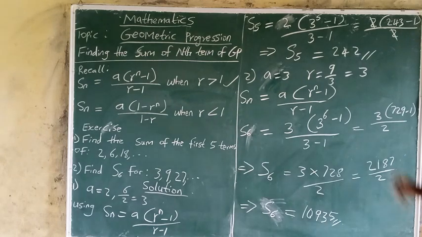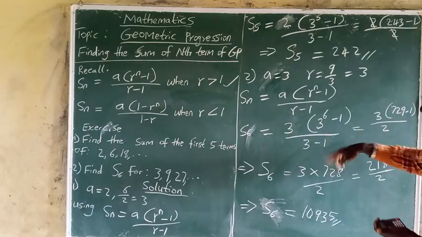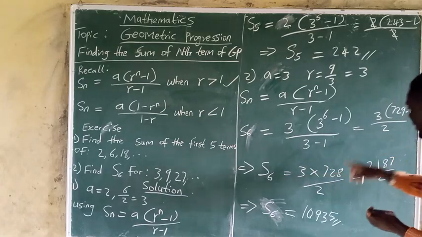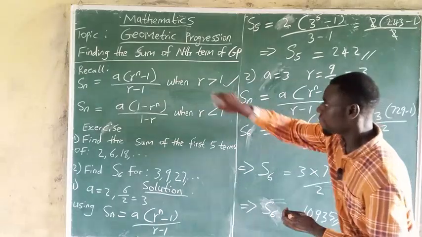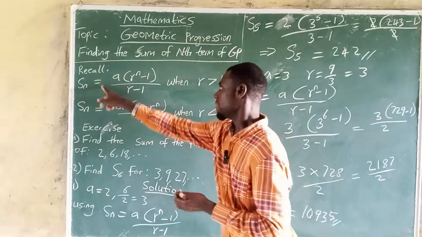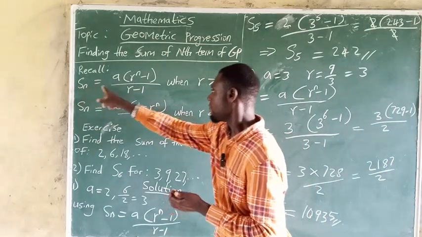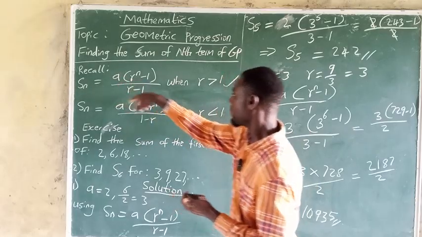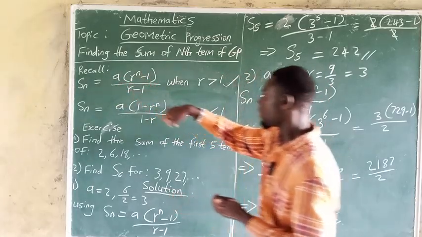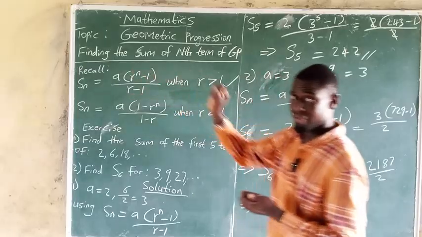So when we substitute it, because the common ratio is greater than 1, we use this formula. S of n, the sum of the nth term, is equal to A, which is first term, bracket open, r raised to the power of n minus 1. You should know this formula very well.